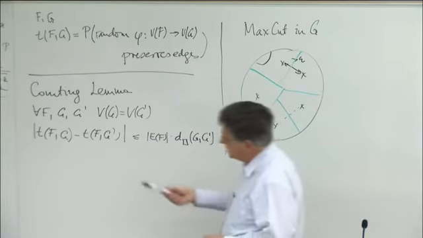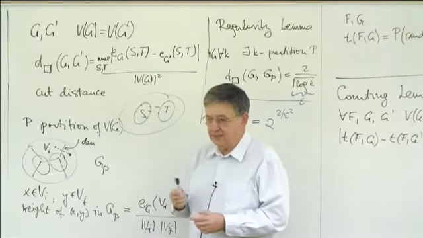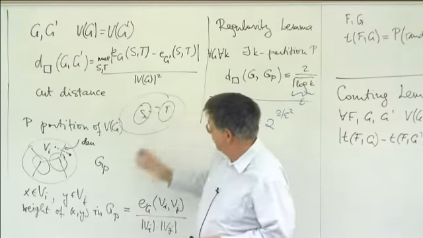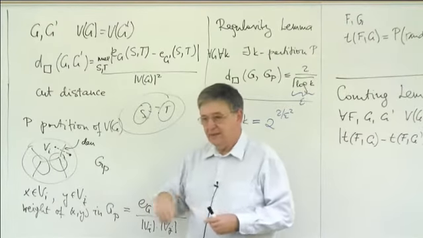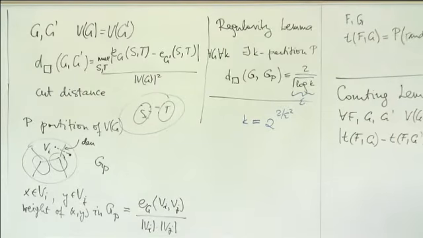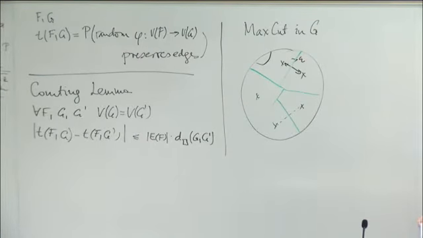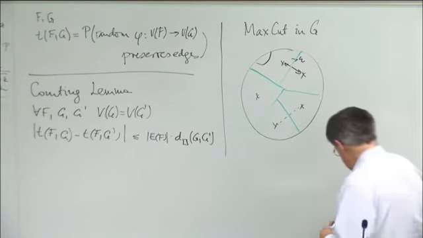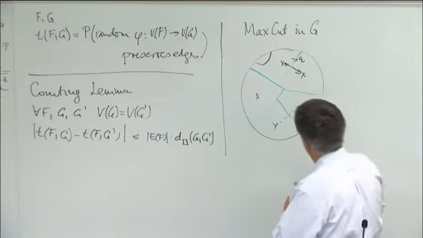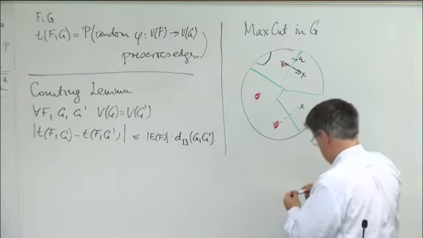And the cut distance, actually the name comes from this, because obviously the maximum cut in this graph G sub p is the same as, or up to a little error, very close to the maximum cut in the big graph. So we have this maximum cut, which means that these representatives are now two-colored.